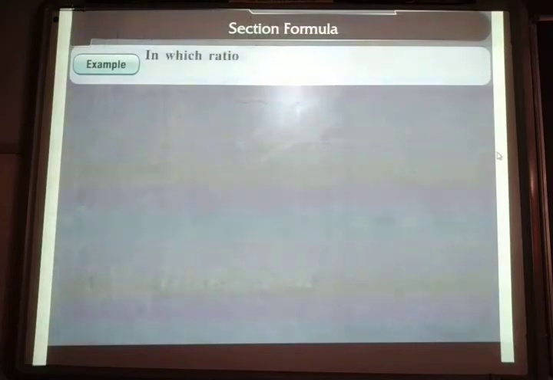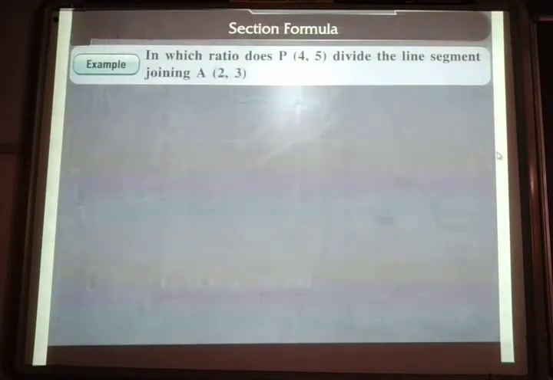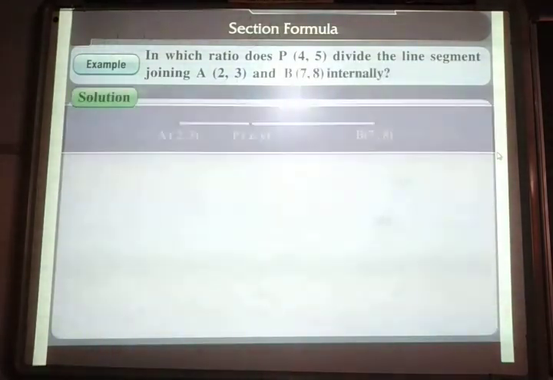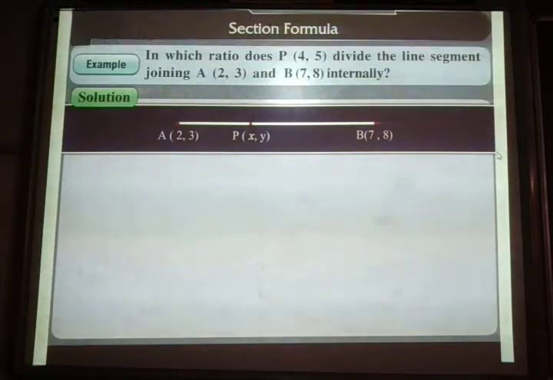In which ratio does P (4, 5) divide the line segment joining A (2, 3) and B (7, 8) internally? Solution is as follows. Let the point P divide segment AB in the ratio lambda is to 1 internally. Here lambda is greater than 0.